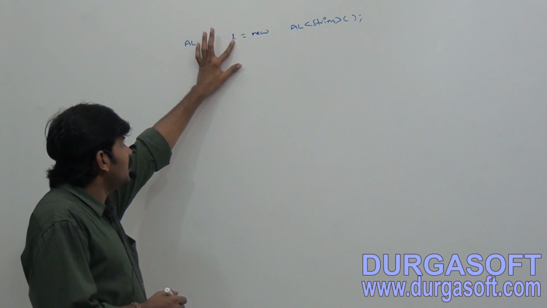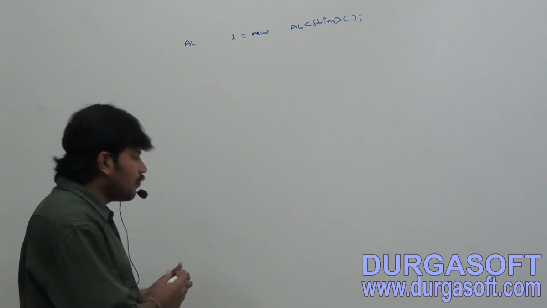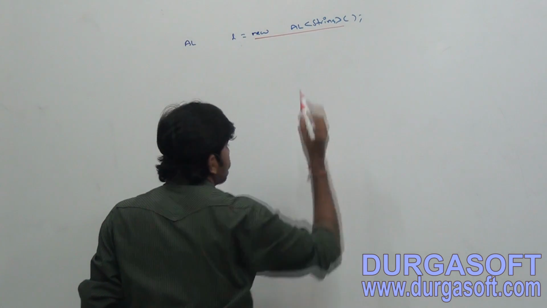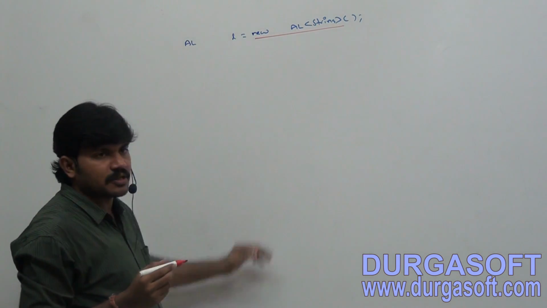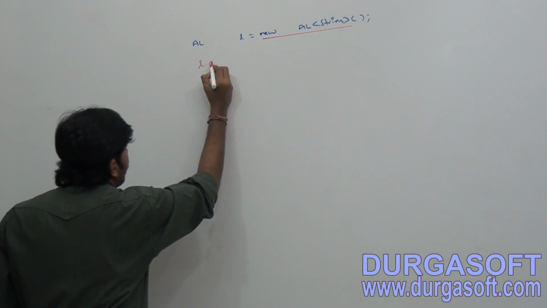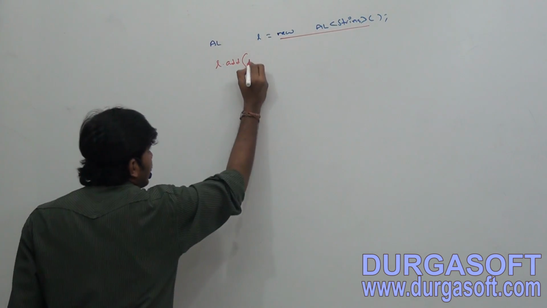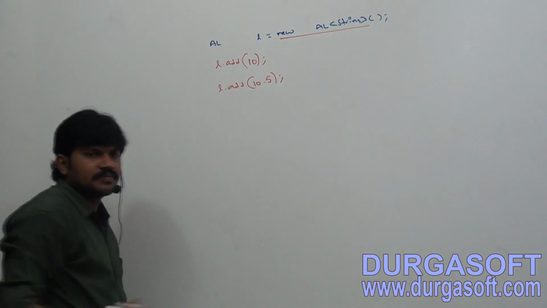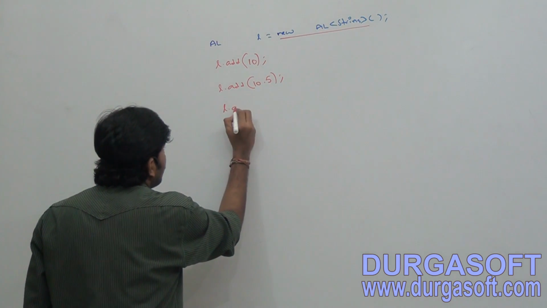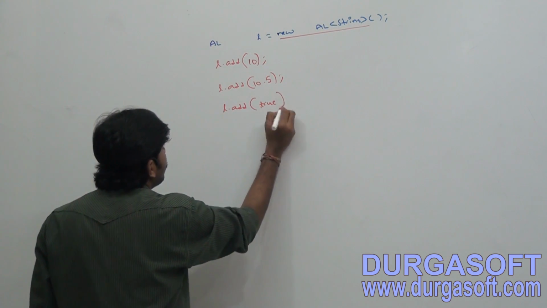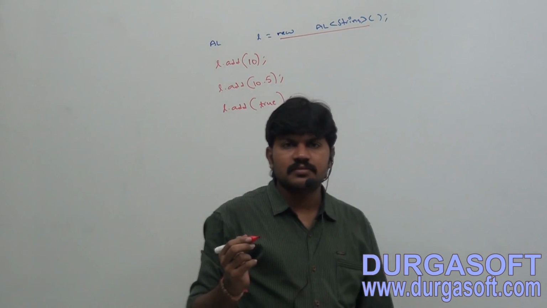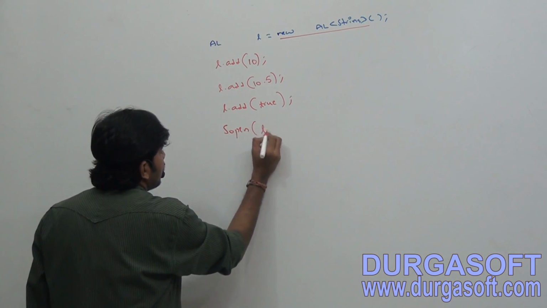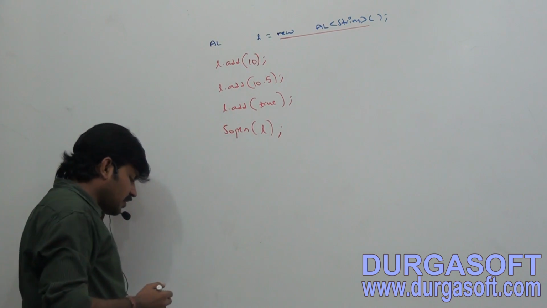Now listen to this one. Sir, for a non-generic reference variable, I am providing a generic object. Now l.add(10), l.add(10.5), l.add(true), and SOP of l. Sir, can you tell, is it valid or invalid?